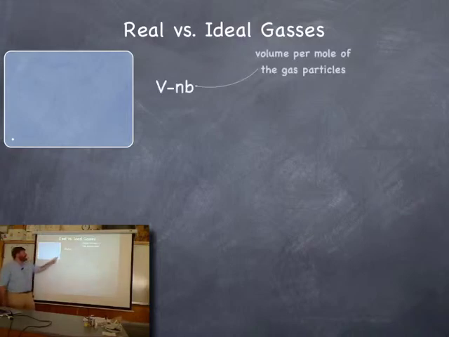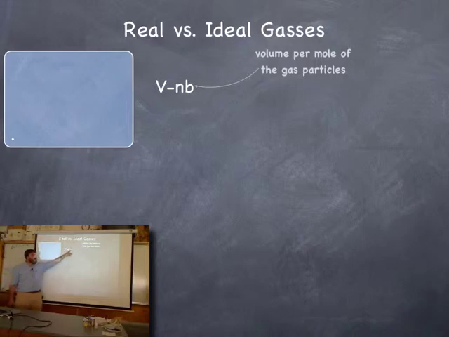If V is the total volume of the container, then the volume available to the gas particles is the total volume of the container minus the number of moles times the volume each particle occupies.